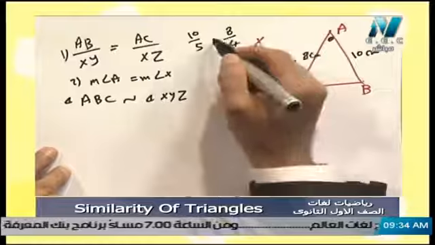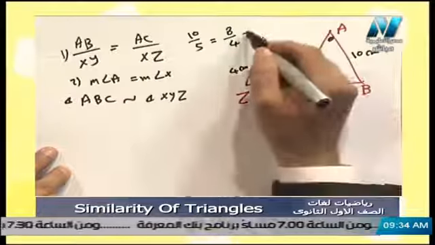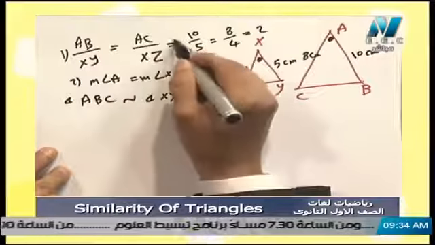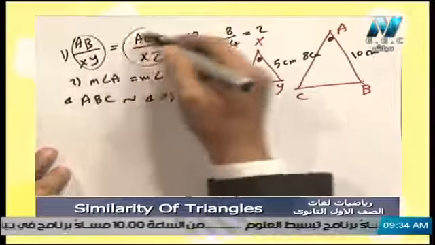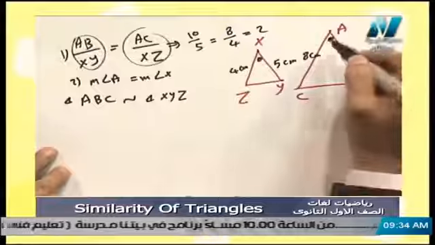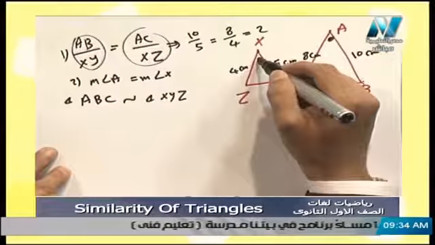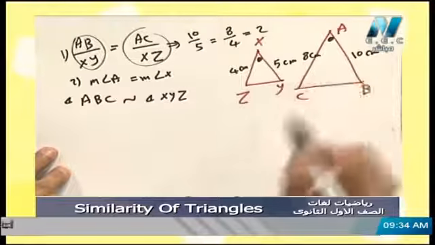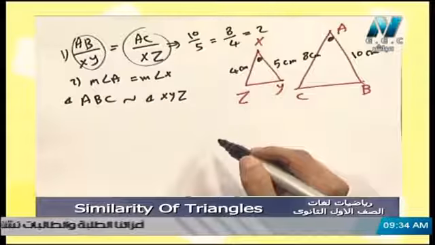These two ratios are equal because they are both 2. So if these two ratios are equal and the included angles between the two sides are equal in measure, the two triangles are similar.